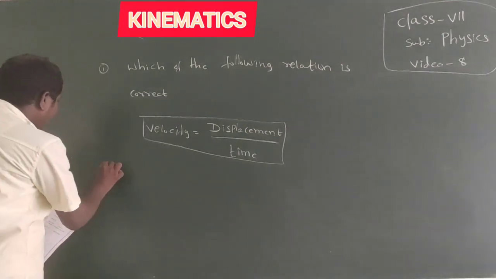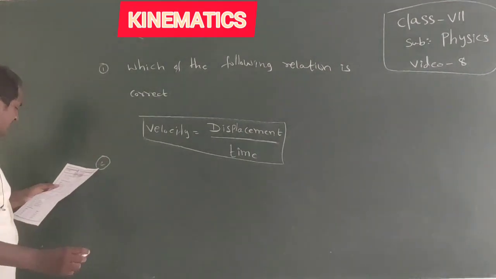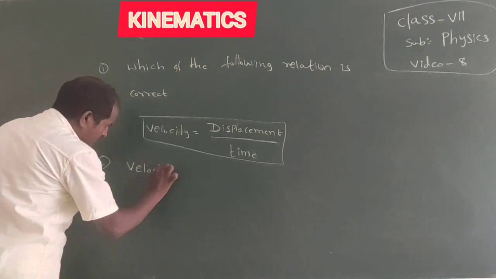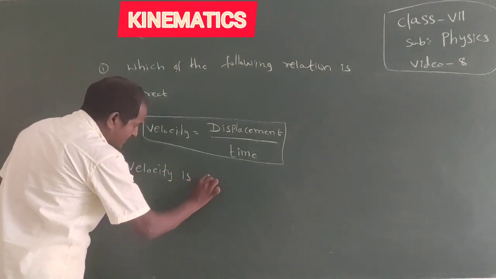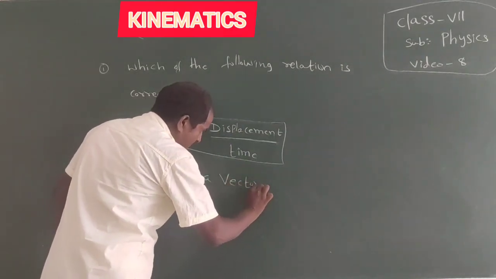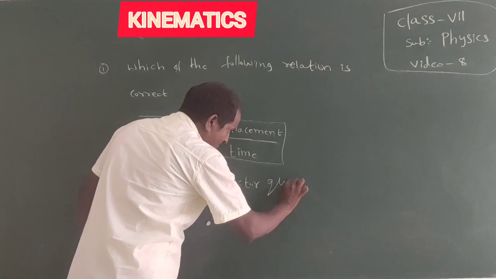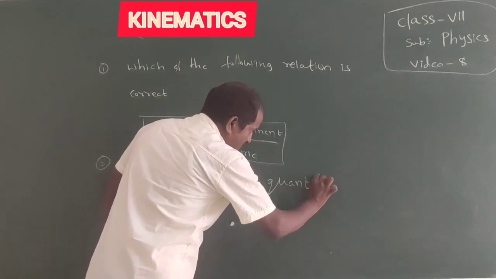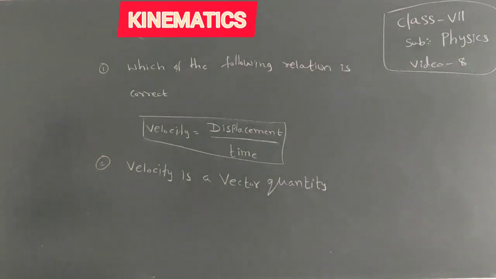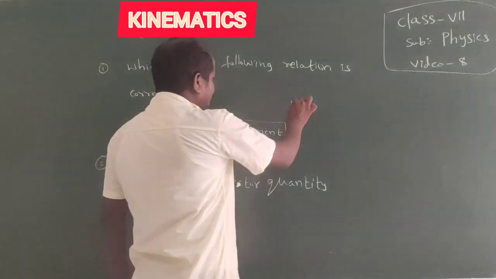Next, second one. Velocity is a vector quantity. Next, question number 3.